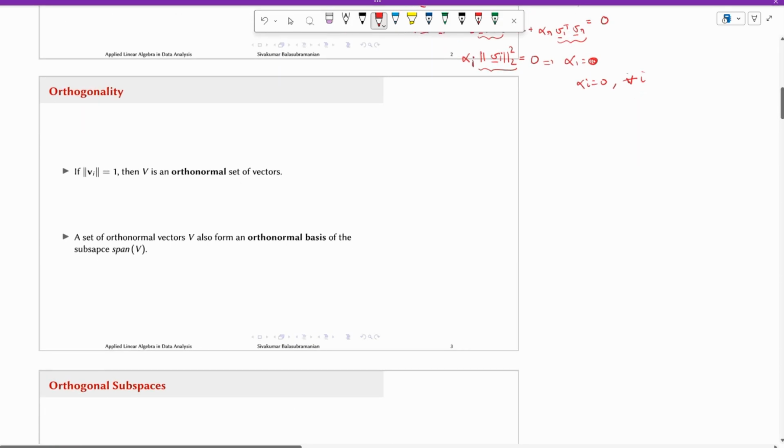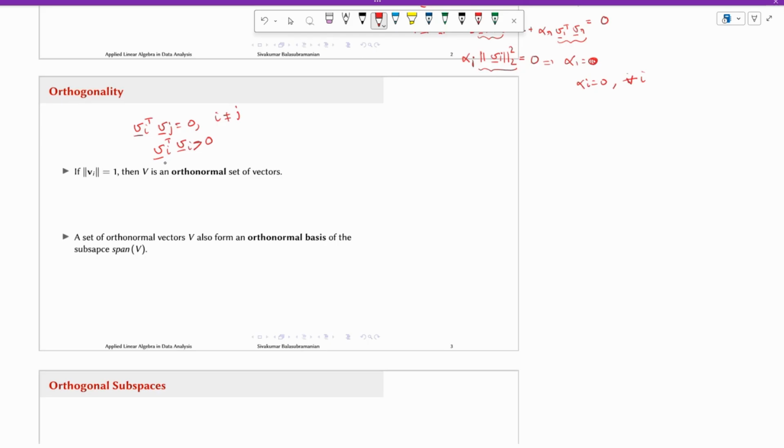So if you have a set of orthogonal vectors, we know the condition is vi transpose vj equals 0 when i is not equal to j, and vi transpose vi is greater than 0. Essentially, we are saying you cannot include the 0 vector in this.